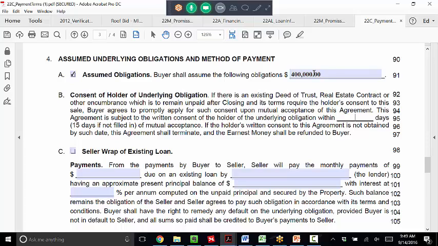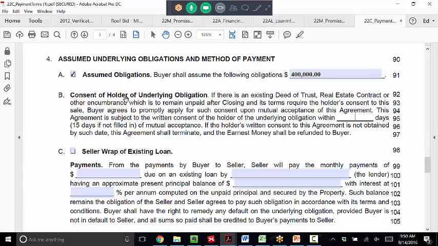Formal means we put Doris in touch with Bank of America. Bank of America underwrites her income and says, okay, yeah, you can take over Ed's loan. They just don't do that anymore. So what happens more often is she assumes the mortgage and makes the payment on the existing mortgage. So that's what these terms would align themselves with, all right?